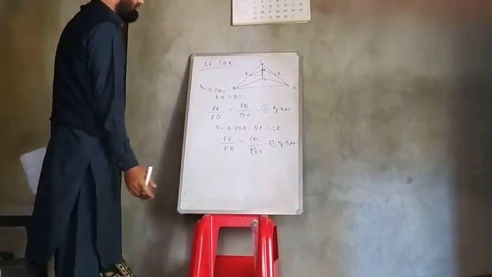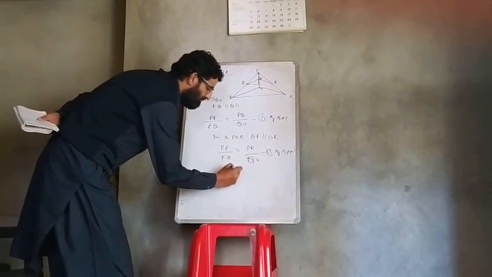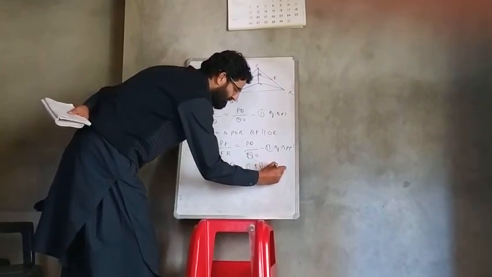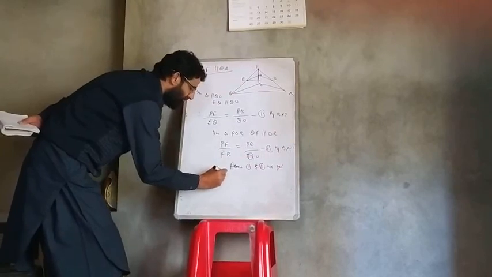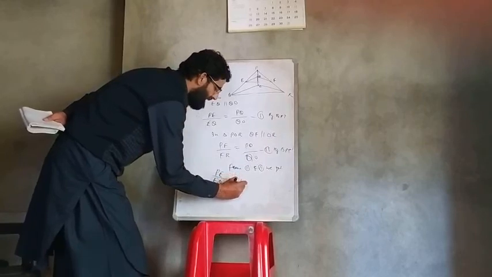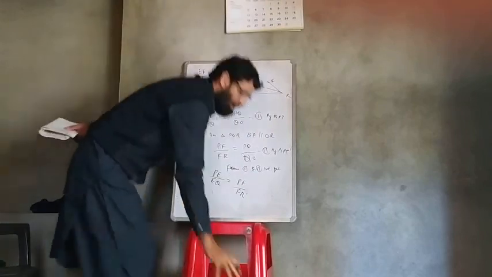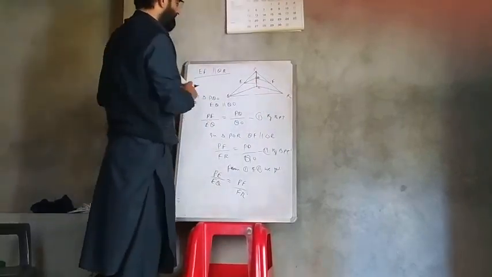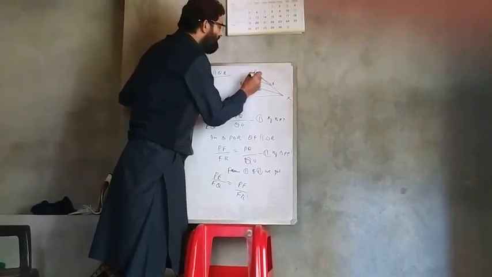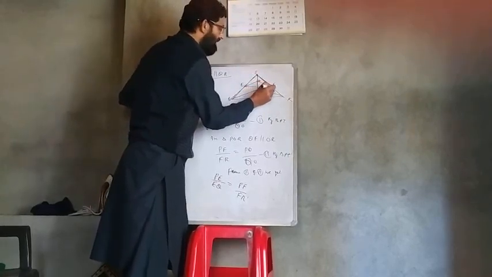Now when we compare these two equations, again right hand sides are equal, left hand sides are also equal. From first and second we get PE divided by EQ is equal to PF divided by FR. Now see, what we have proved is PE divided by EQ is equal to PF divided by FR.